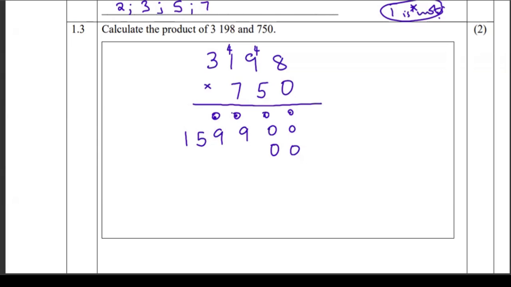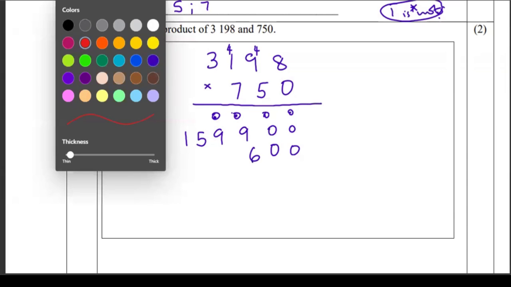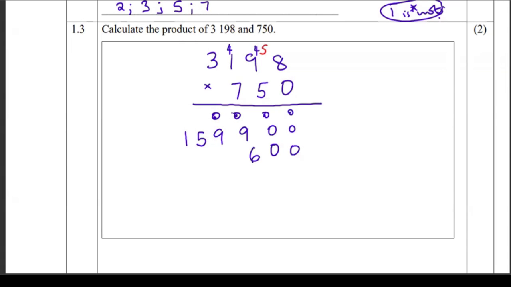Then I'll start with 7 because the answer for 7 must go below its position. So 7 times 8 is going to be a 56. I write the 6, and then I'll carry the 5. Then 7 times 9 is a 63. 63 plus 5 gives me 68.